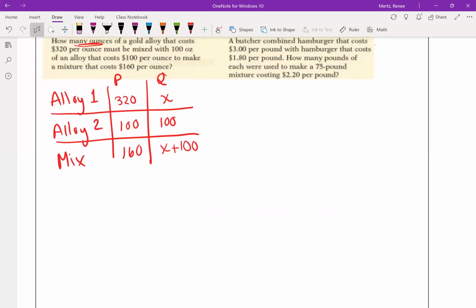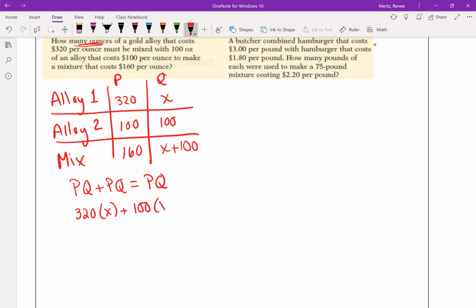Now we're going to do PQ plus PQ equals PQ. So we're multiplying these together. We get 320 times X plus 100 times 100.